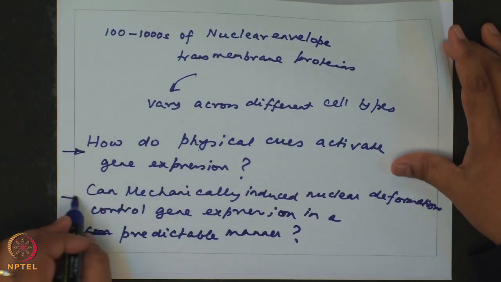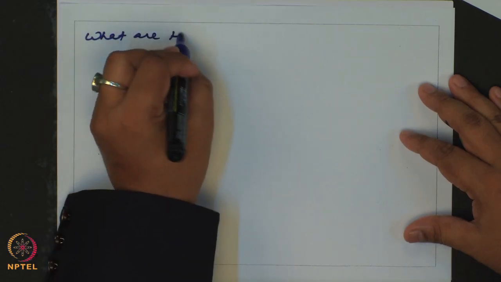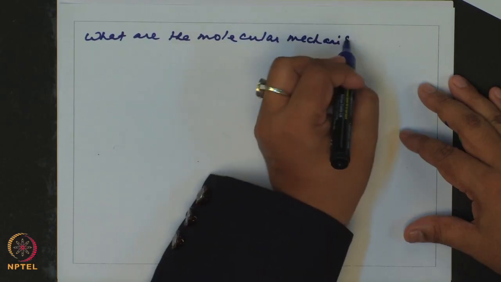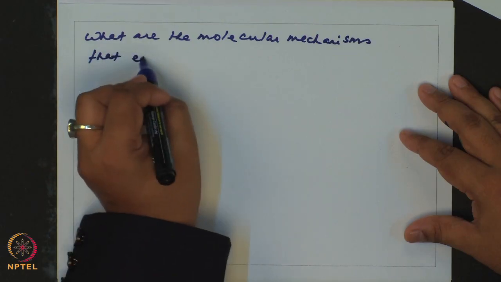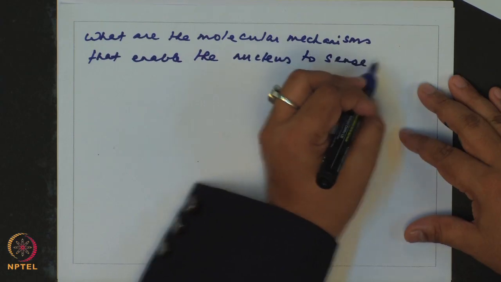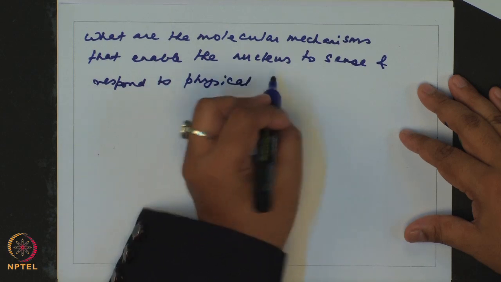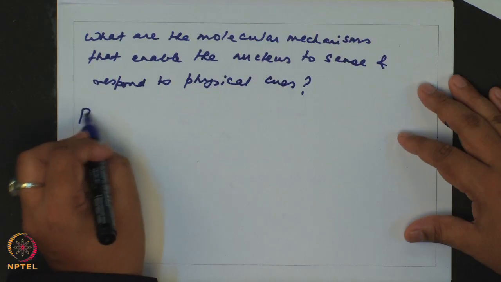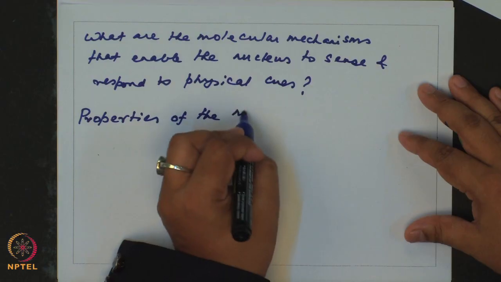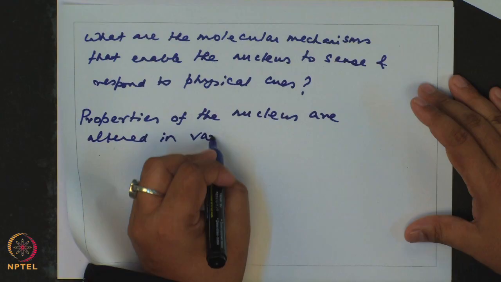What are the molecular mechanisms that enable the nucleus to sense and respond to physical cues, and how are properties of the nucleus altered in various disease contexts?